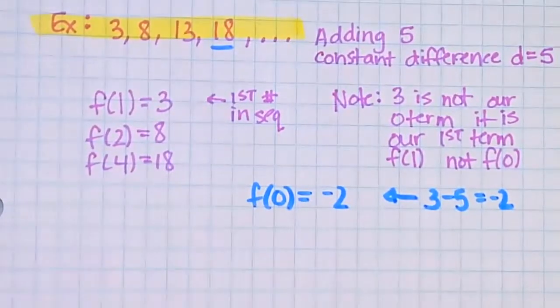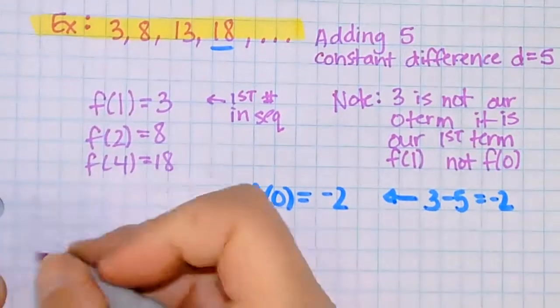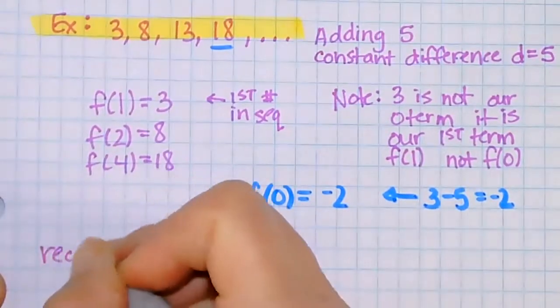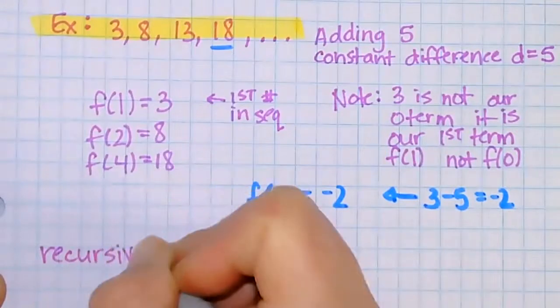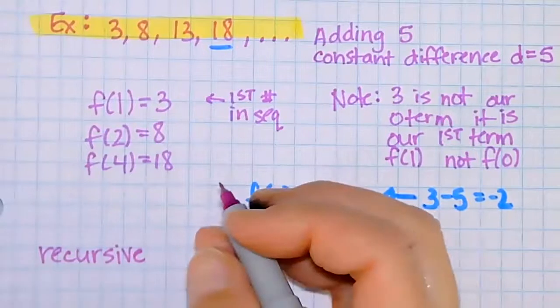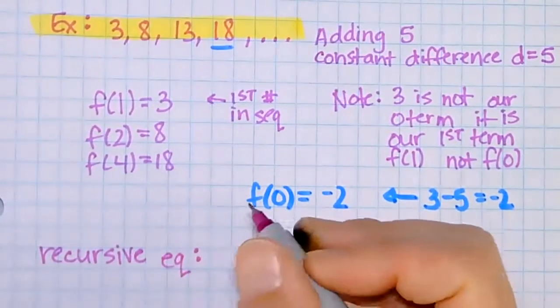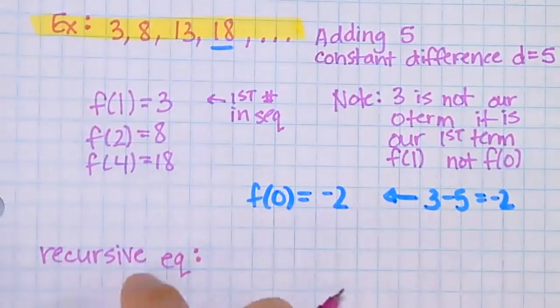So we have two types of equations for this. One's called recursive. We actually saw this in our review for our final exam. Usually we cover this in first semester. This year we did not, but it was still on the review worksheet. We didn't have it on our test though.